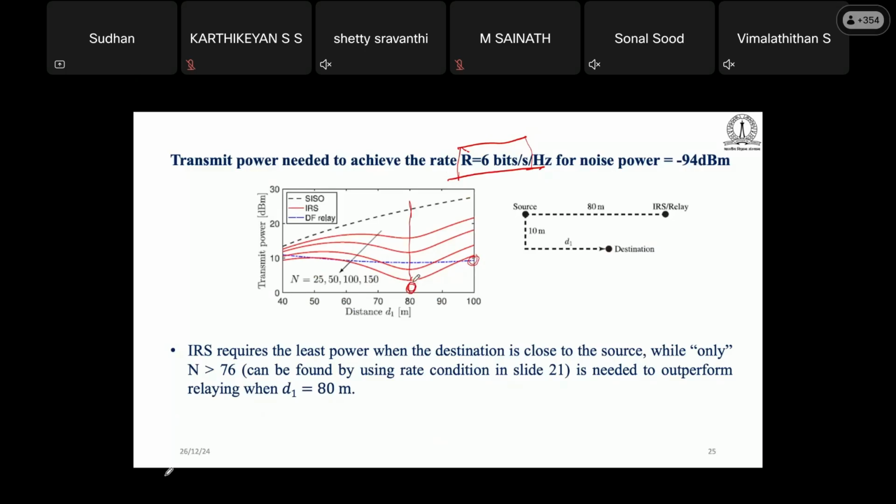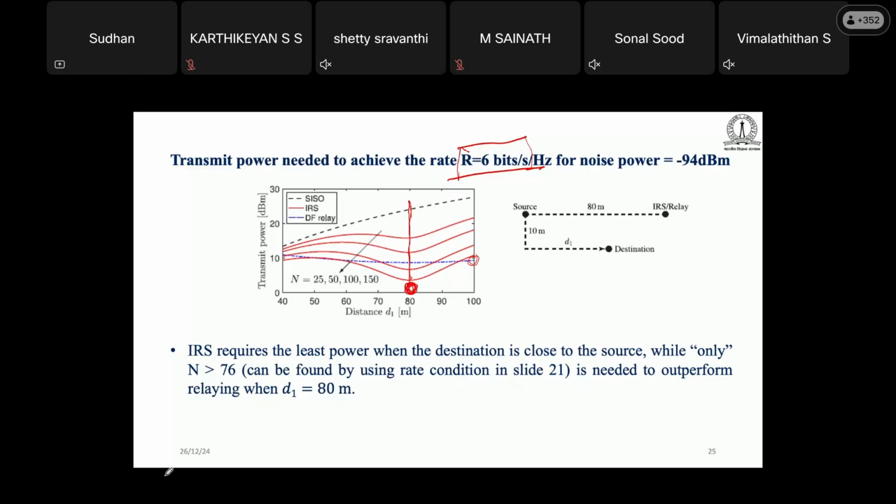So for the 80 meters case, the IRS needs less power. So this is the optimum value for this IRS distance. So this is some kind of application, and then a comparison with SISO, IRS, and DF.